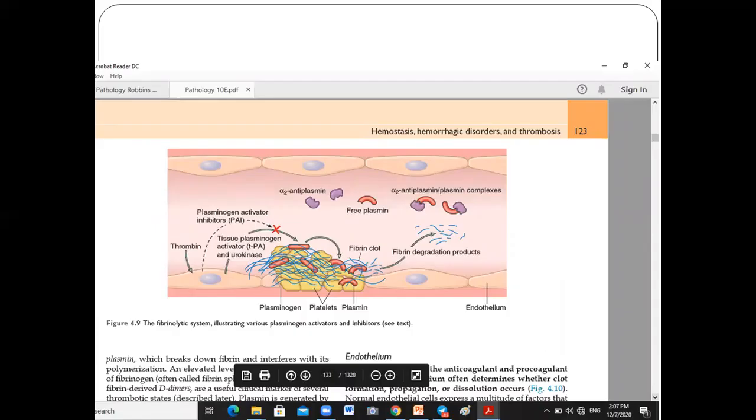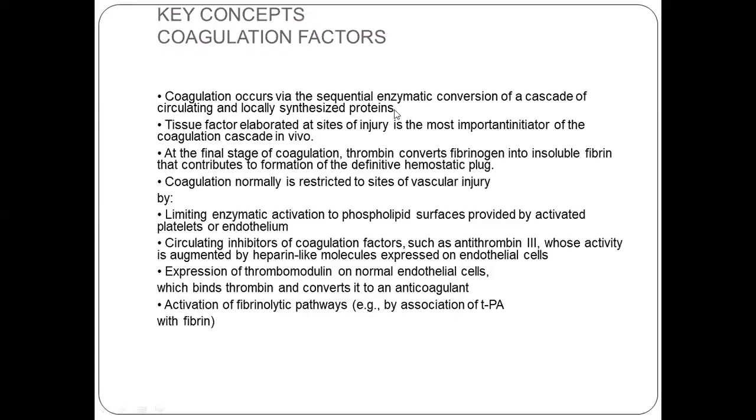So we have seen the clotting factors. Now let's discuss the key concepts. What is the summary of all these things? Coagulation occurs via the sequential enzymatic conversion of a cascade of circulating and locally synthesized proteins. Tissue factor elaborated at the site of injury is the most important initiator of the coagulation cascade in vivo.